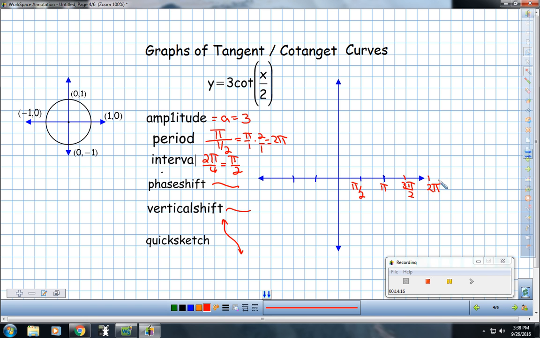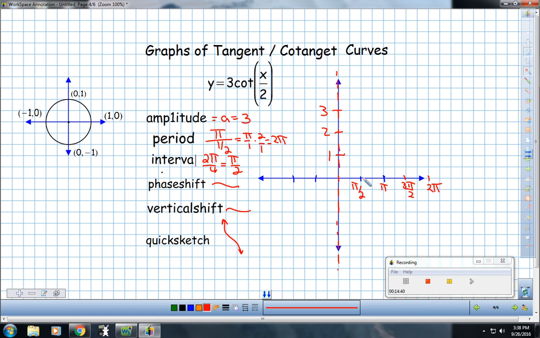A cotangent curve starts at 0, and at 0, it gives us an asymptote. The amplitude is 3. It is negative sloping. So let's see here. 1, 2, 3.